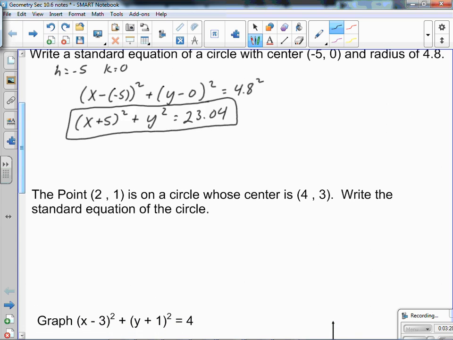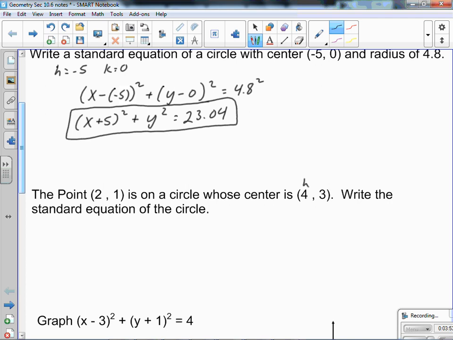Alright, so this next one is a little bit more complicated. It says the point (2, 1) is on a circle whose center is (4, 3). Write the standard equation of the circle. So we know where one of the points is that's on the circle, and we know what the center is, but they did not give us the radius.